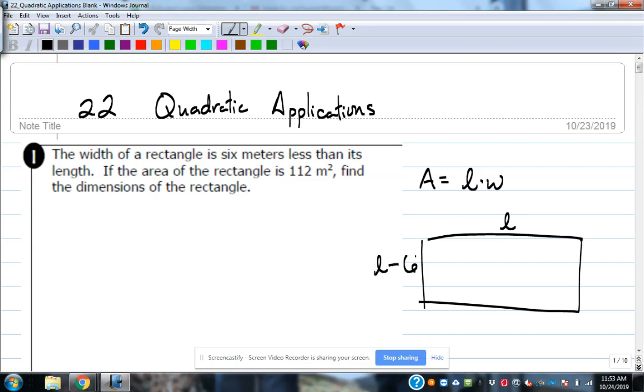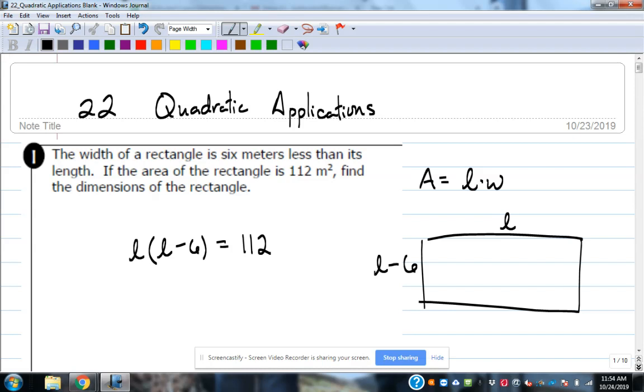Just L minus 6. Then we plug all of those things into that formula. The length is L, the width is L minus 6, and the area is 112 meters squared. We can take the units off while we're working the problem, just make sure we remember to put them back at the end.